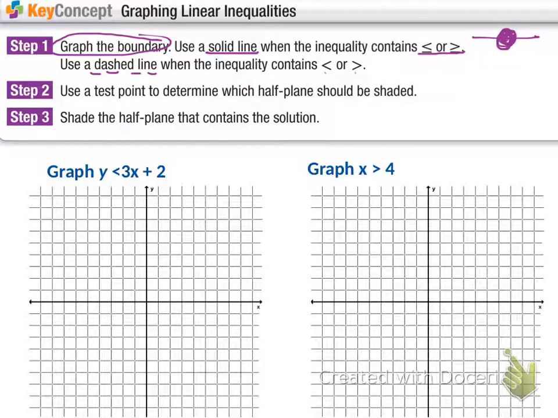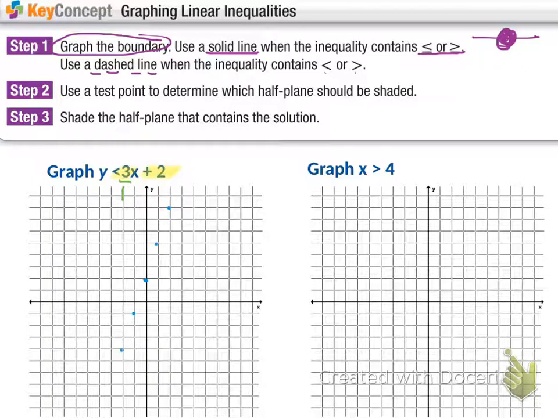We've got our y-intercept, which is a positive 2. And then we've got our slope, which is 3. And remember, that can be 3 over 1. So I'm rising 3, running 1. Or falling 3, running left 1.